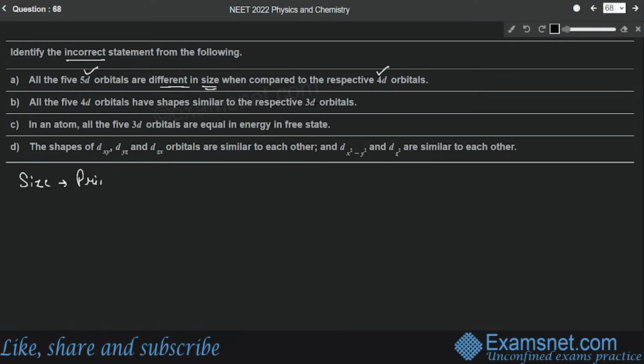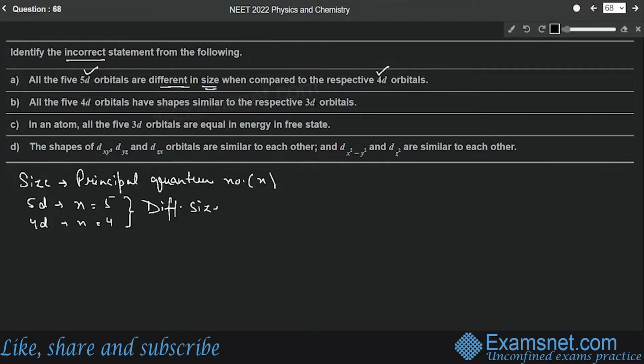It depends on the principal quantum number, denoted by letter n. For 5d orbital, the principal quantum number is 5, whereas for 4d orbitals, it is 4. So the principal quantum numbers are different for both, therefore size will also be different. This means that the first statement is correct.